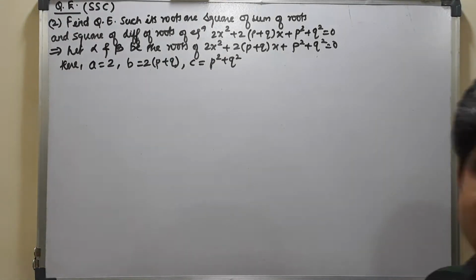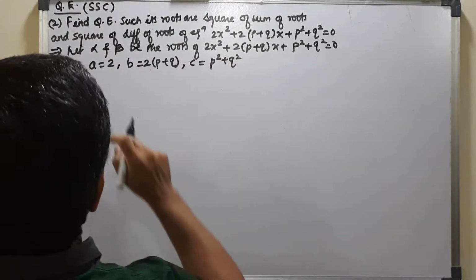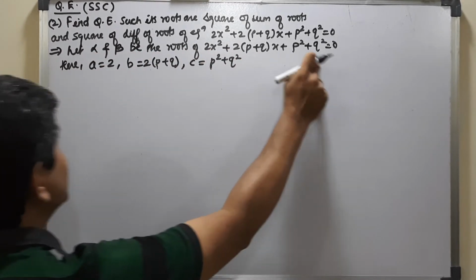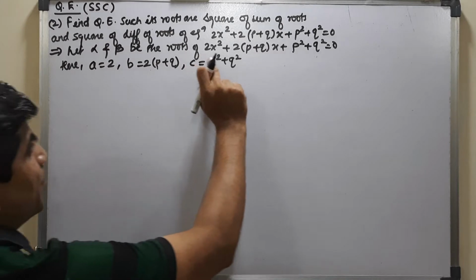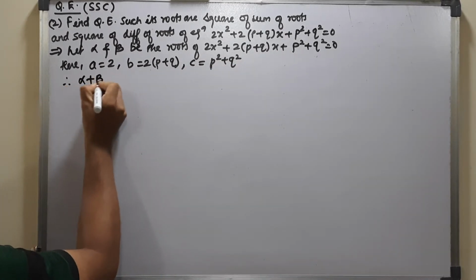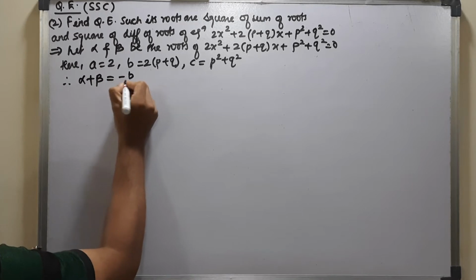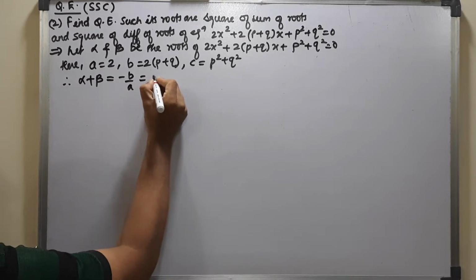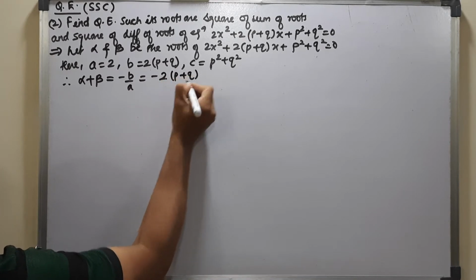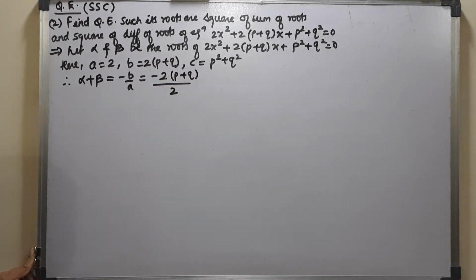Now since I did this much, I will write that alpha is root number 1 of this particular equation and beta is root number 2 of this equation. Therefore alpha plus beta is minus b by a, that is minus the value of b, which is 2 into (p plus q), upon a, which is 2.